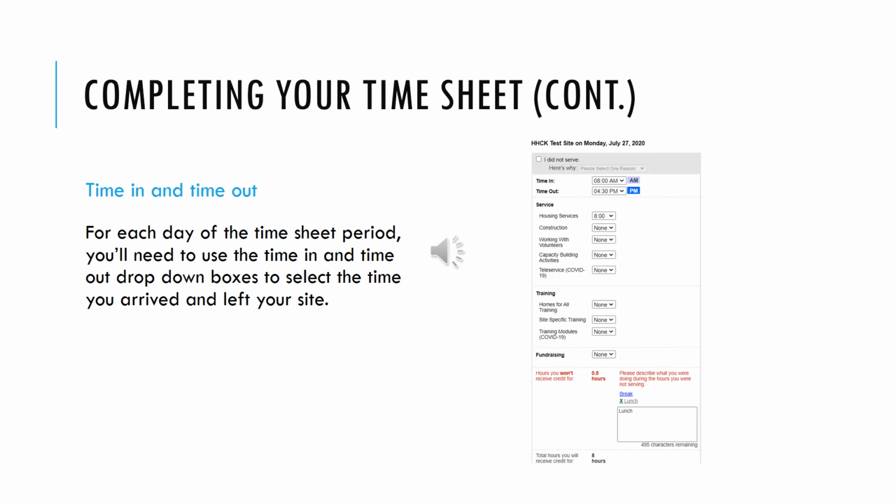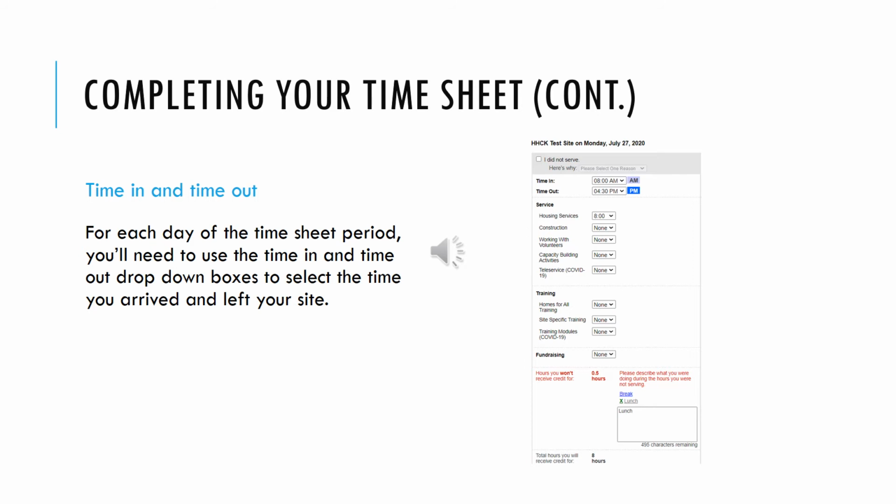In the example on the presentation, this is the schedule that they have agreed to with their site supervisor and their site. So this person is coming in at 8 a.m. and they are leaving at 4:30 p.m.